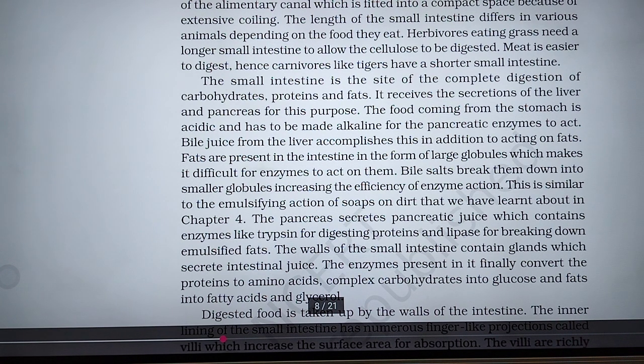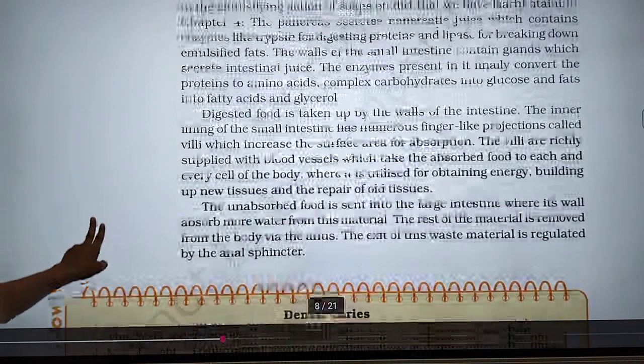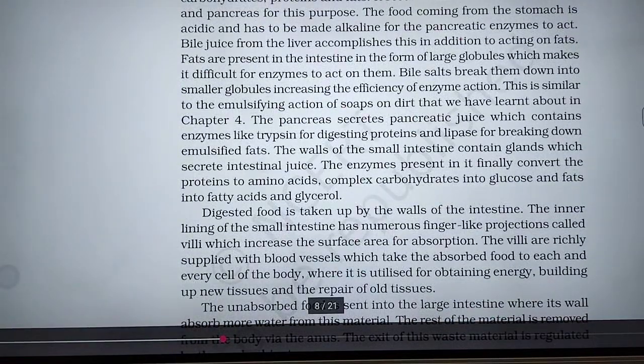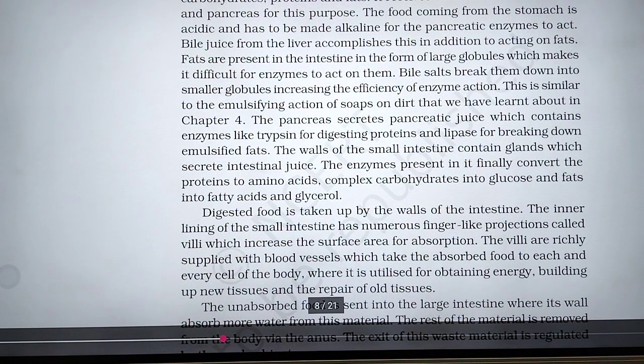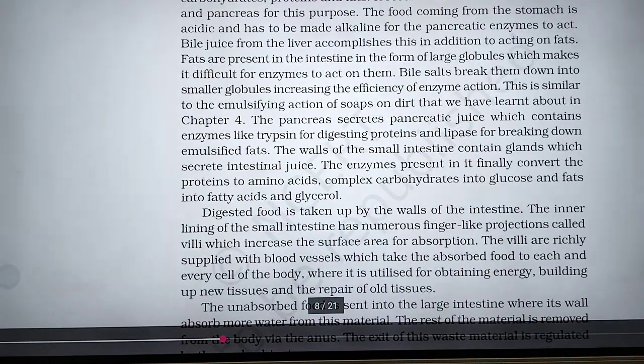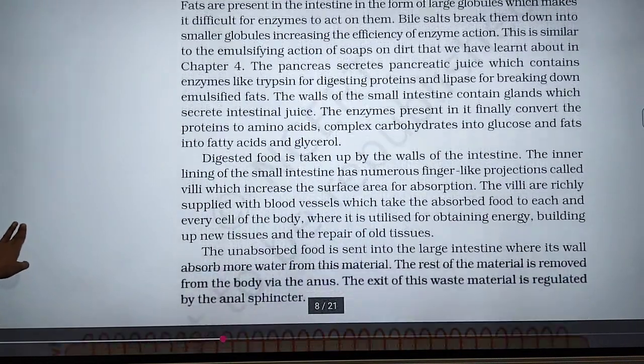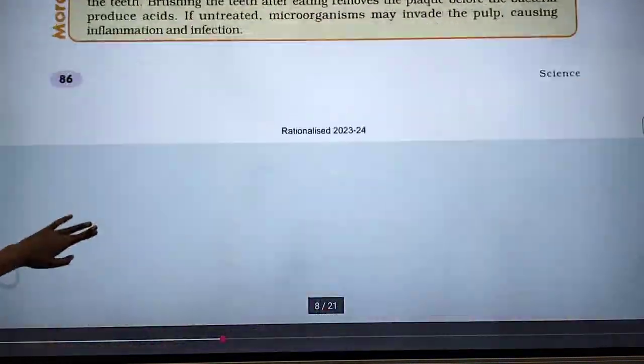Now the enzymes finally convert protein into amino acids, complex carbohydrate into glucose, and fat into fatty acids and glycerol. So this is the process by which the digested food is formed.